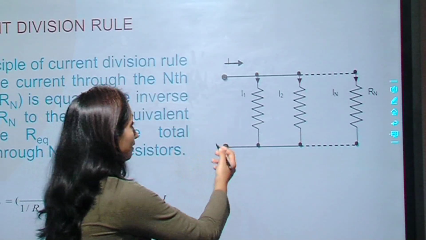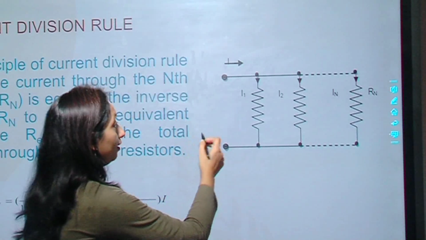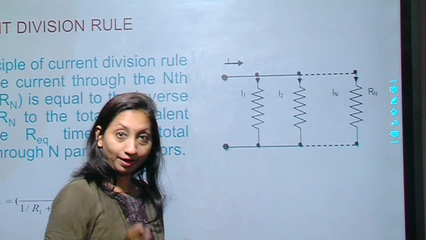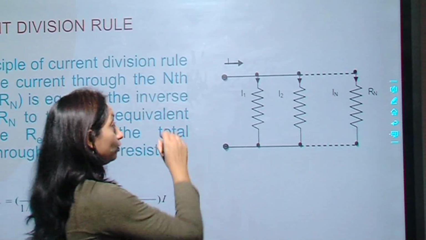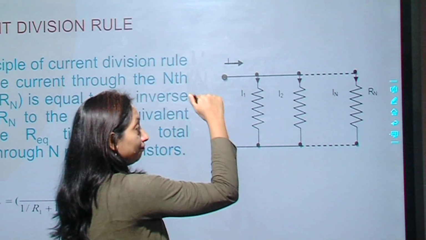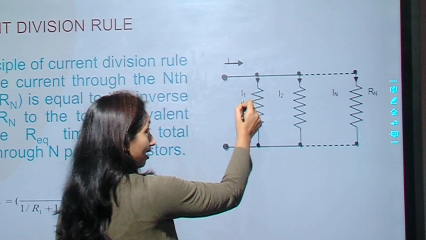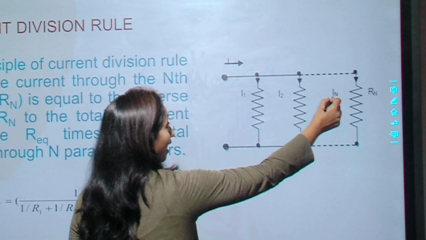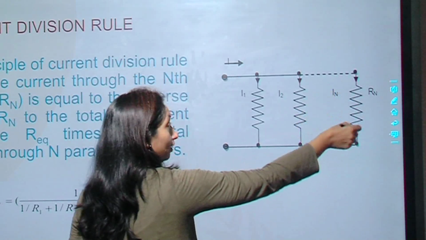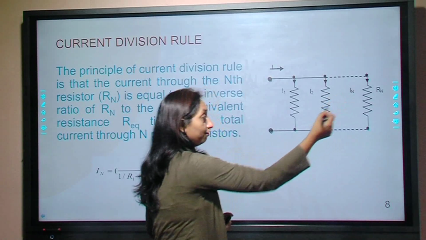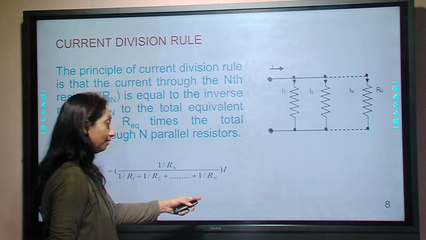Let us see this figure where 3 resistors are connected in parallel and the total current is I, and the first resistor's current is I1, I2, like this, In. So we can calculate In, the current through the Rn resistor, by using this formula.